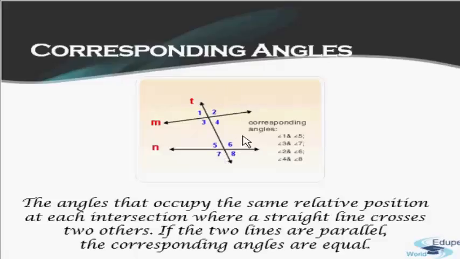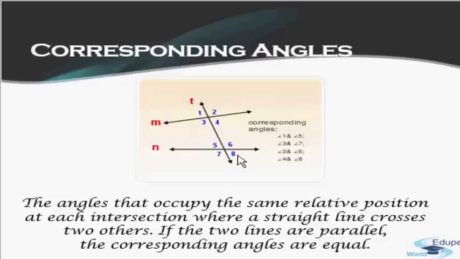The way to find this out is that you look at one of the angles formed over here. When you look at one of the angles formed over here, you numbered them 1, 2, 3, 4. Then you look at the same position on the other side. For example, if you look at angle number 4, angle number 4 is on the bottom of this line and the right of the transversal.